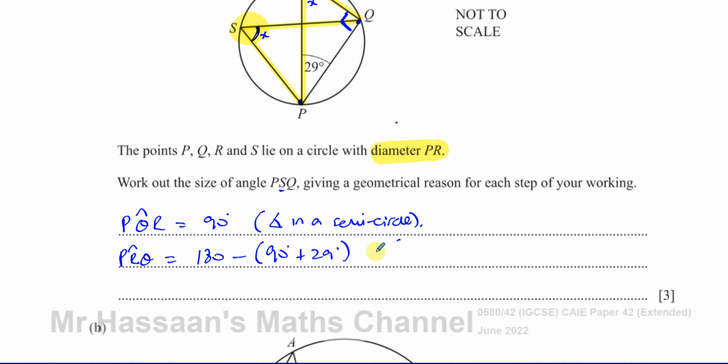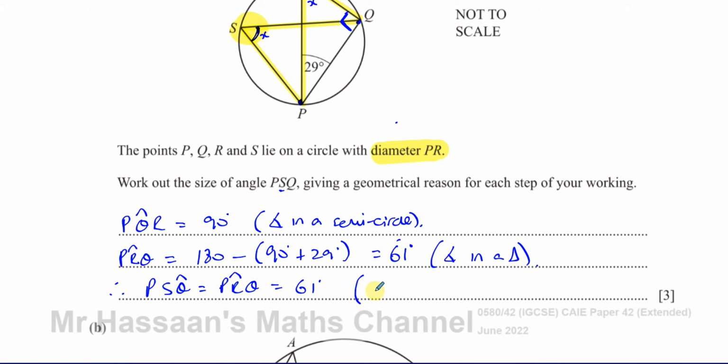So that's equal to 180 minus 119, which is 61 degrees. You can say angles in a triangle add up to 180 degrees. So therefore we can say PSQ is equal to PRQ, which is equal to 61 degrees.